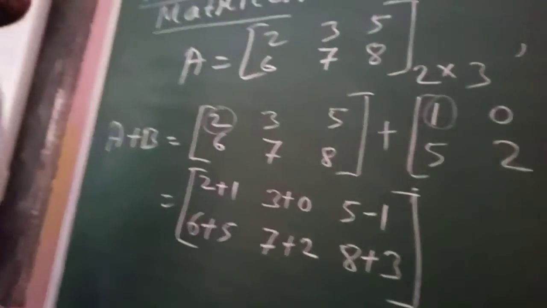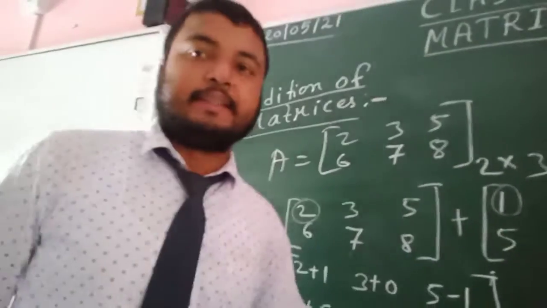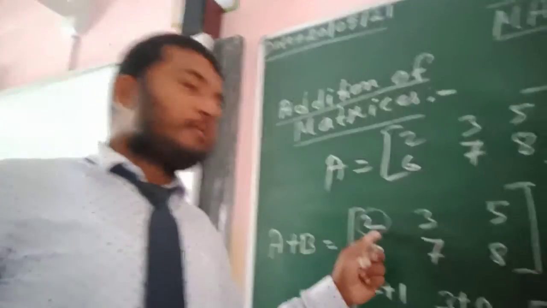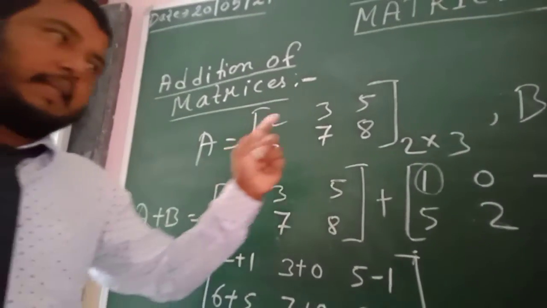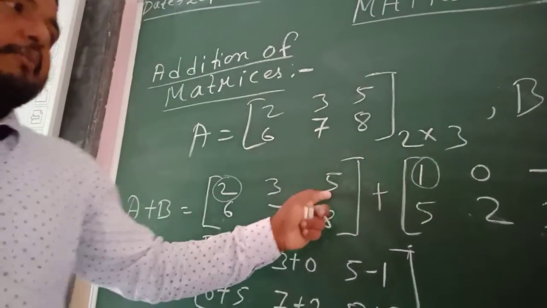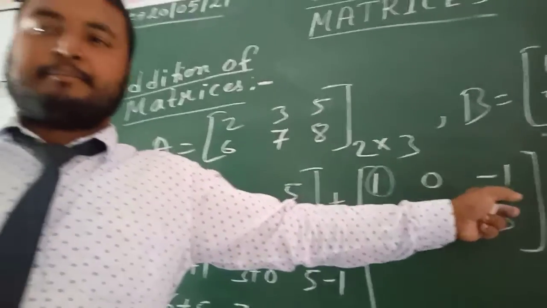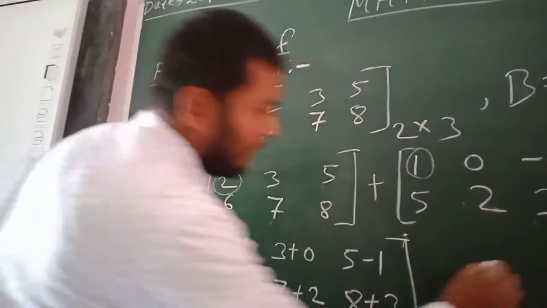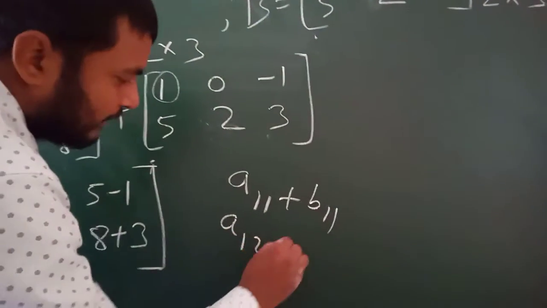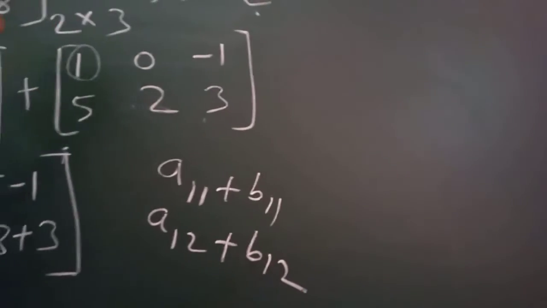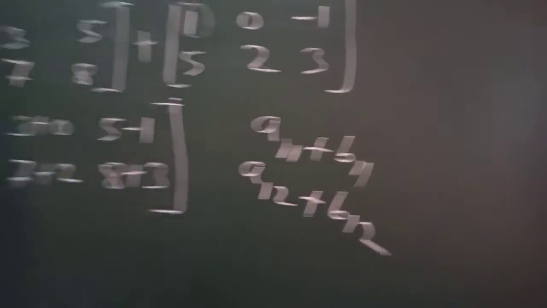So we add the corresponding elements of the two matrices. Here A11 we will add with B11, A12 with B12, A13 with B13, and so on.